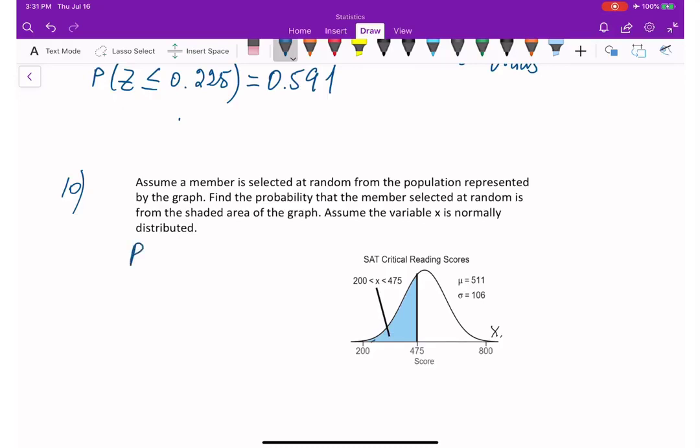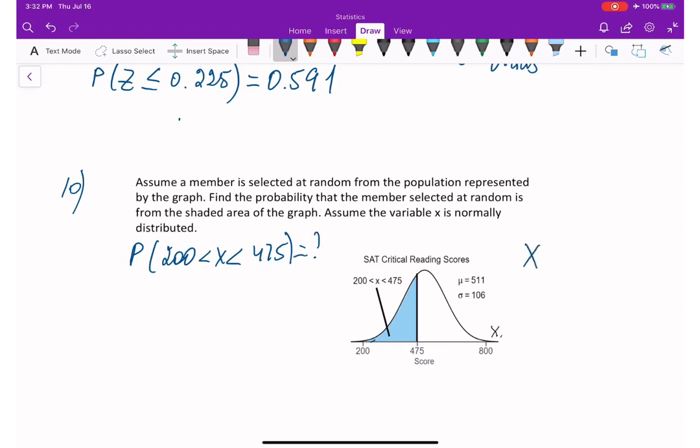which means we need to find the probability of x between 200 and 475, equal to question mark. That's what we need to find. Remember how we go from x to probability.